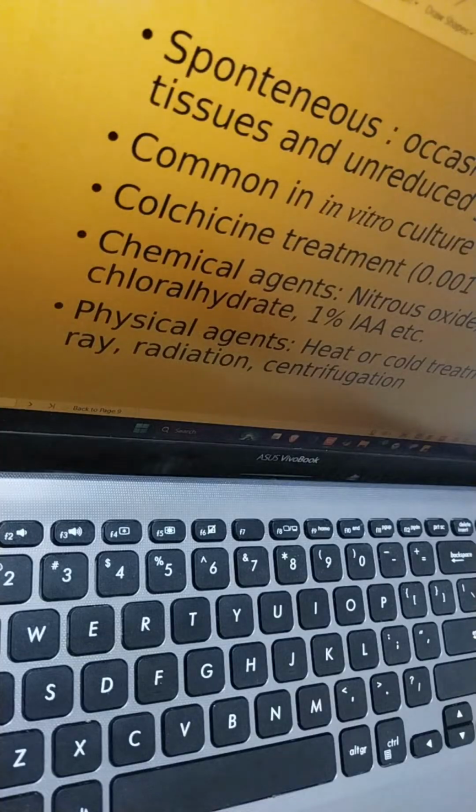What is spontaneous? Occasionally in somatic tissue and through unreduced gametes.